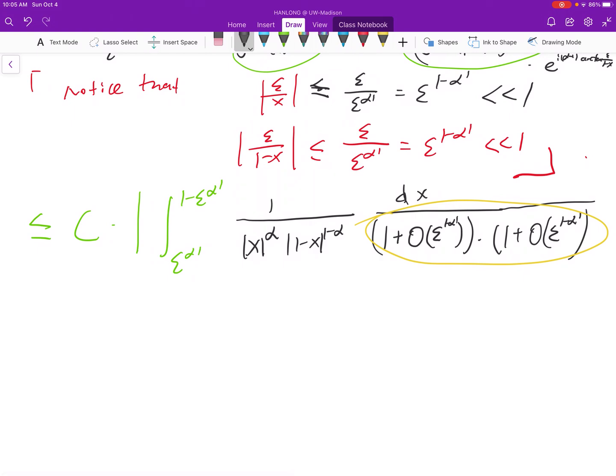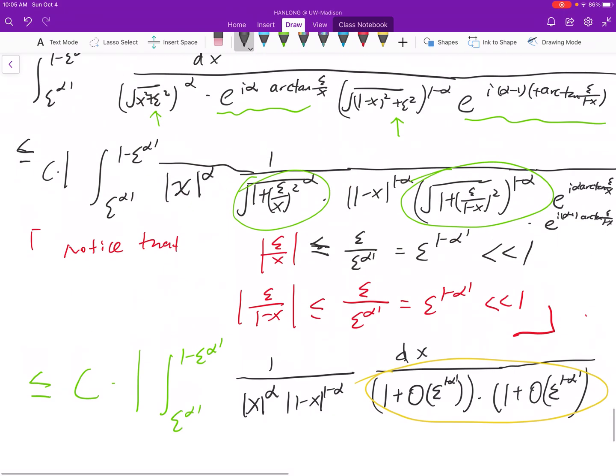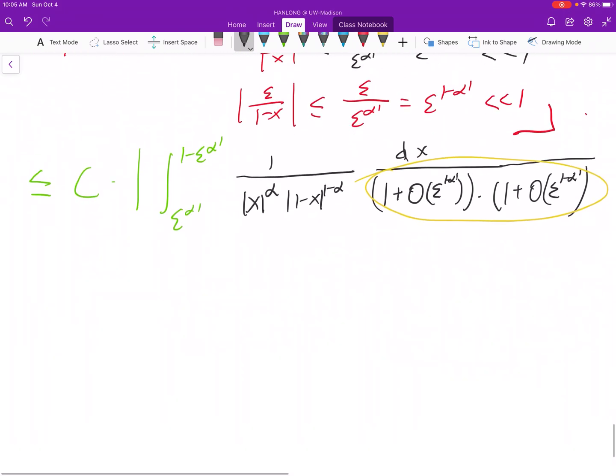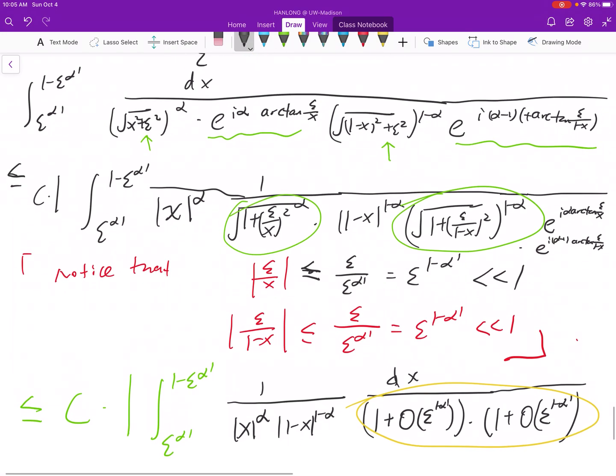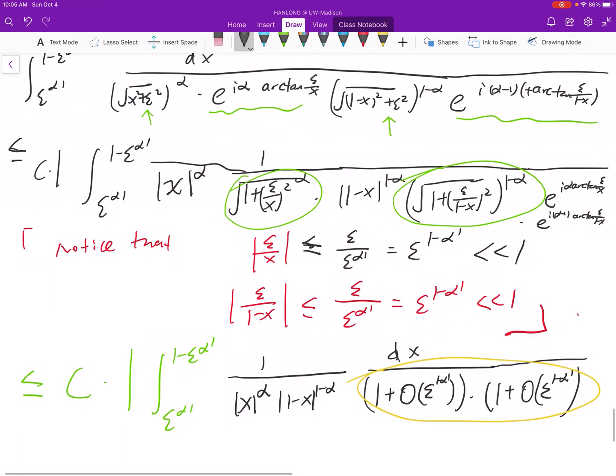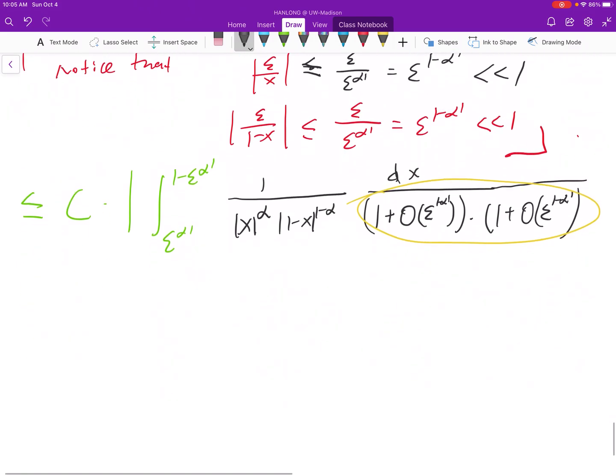Therefore, you do the Taylor expansion for arctangent. So it's epsilon over x and then the exponential part. Let's repeat. Here you should have more small terms. So actually, we can combine this.